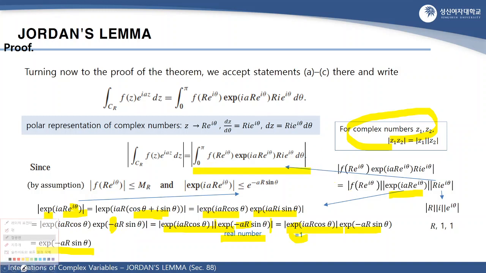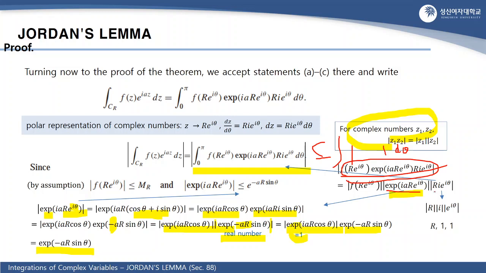As I said, less than or equal to the integral of the magnitude of this d theta, and this will be replaced by this: this is capital R, and this is the exponential of negative AR times sine theta, and then this.